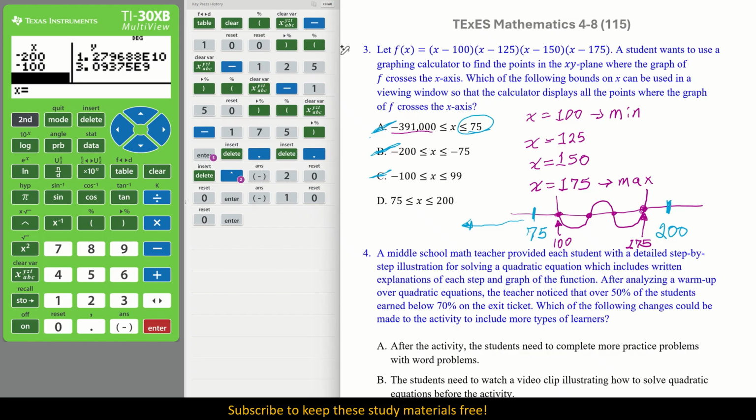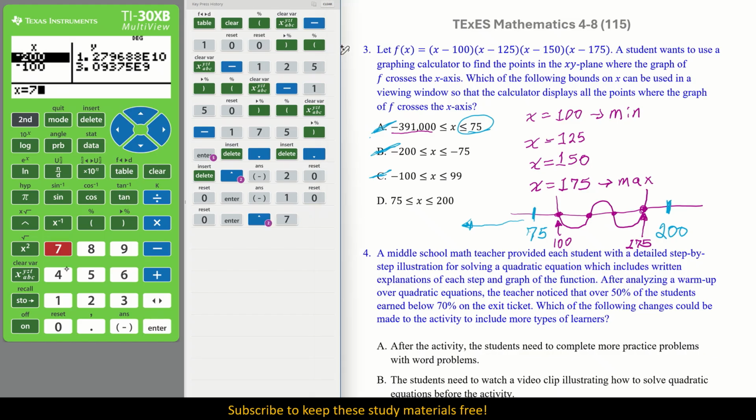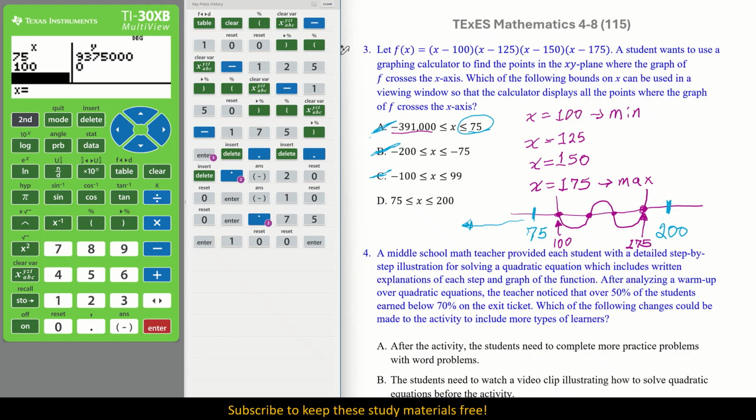So just out of curiosity, what I did is I put 75 in, and yeah, it got a pretty big number, but that's telling me that my calculator is probably going to be able to show me the tail of my function, and then I put in 100. Of course, that's going to equal 0. And then if you put in 200, look at what it does.